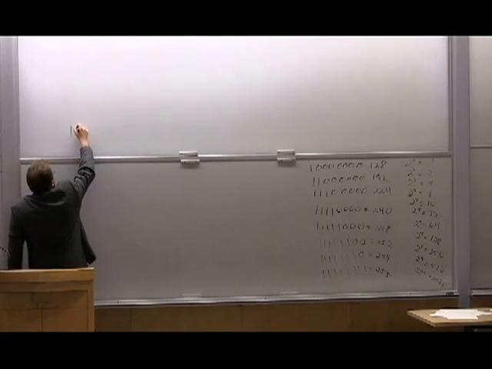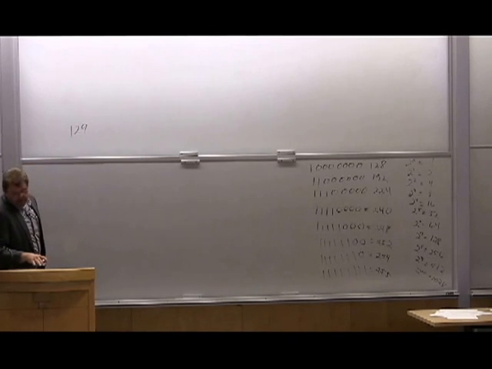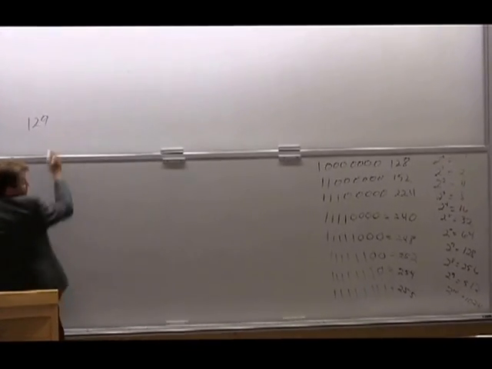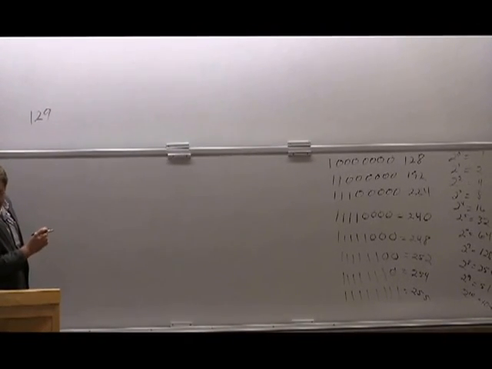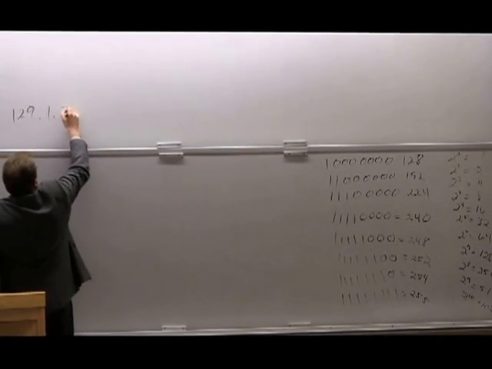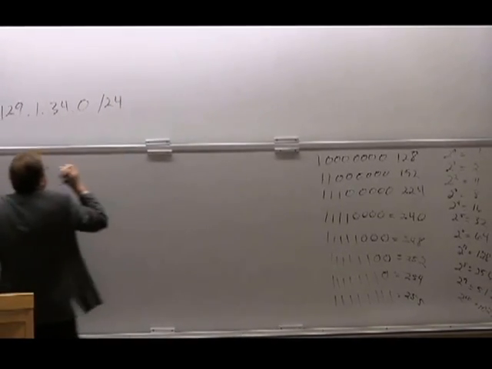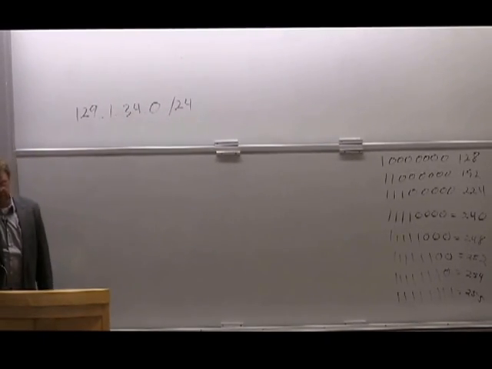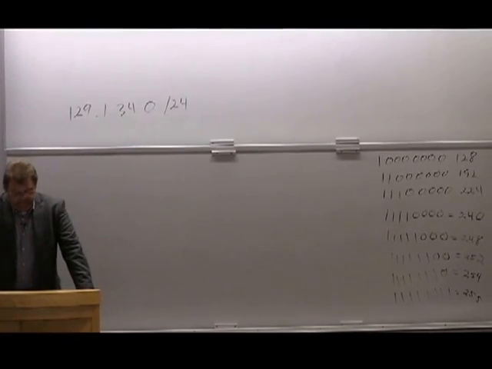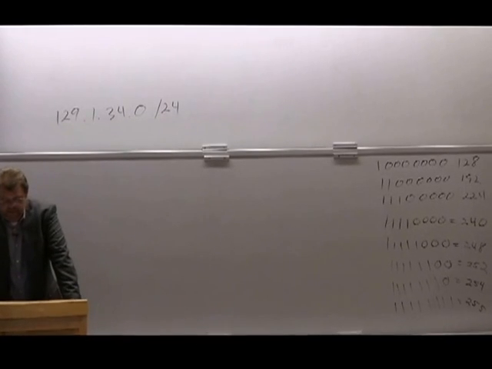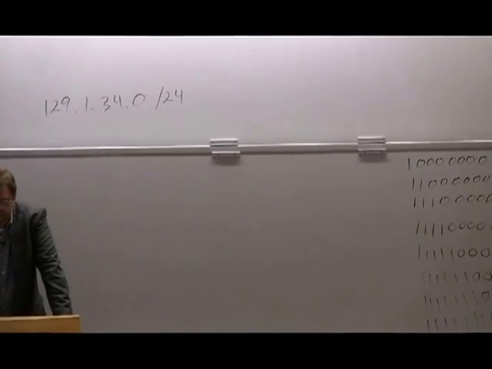The network's 129.1.34.0/24. And what we ask for are 5 networks. The first network has to be at least 100 usable addresses.